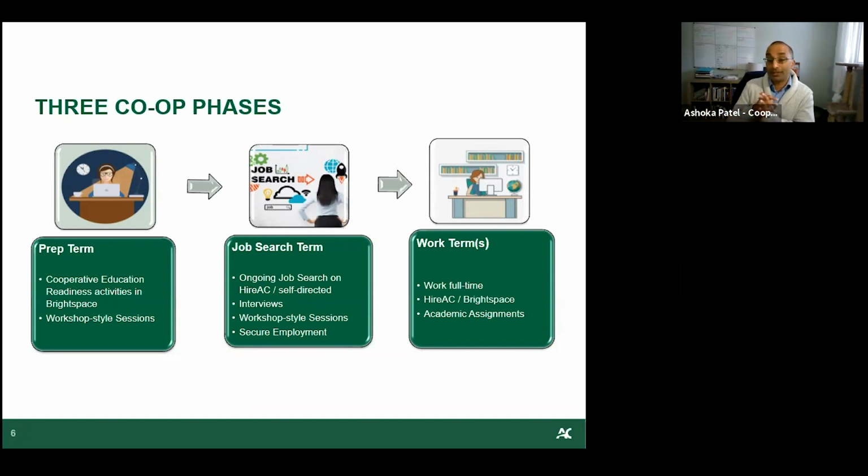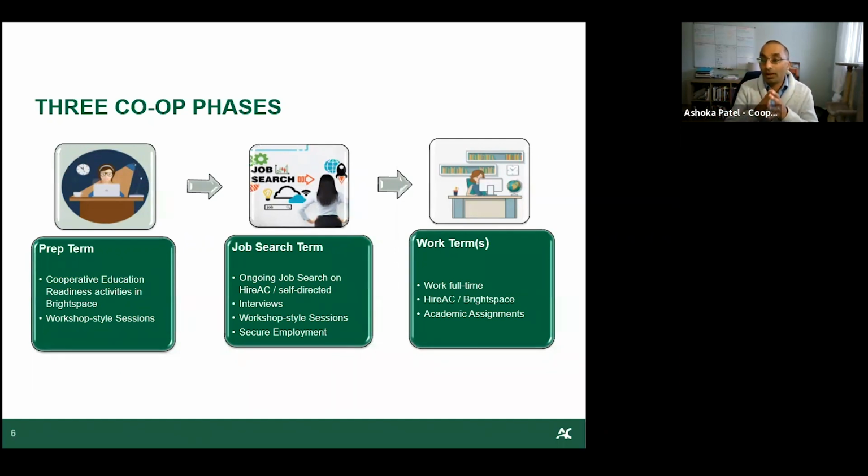Now your job search semester happens the semester right before you start your work term. Okay, so right before you start your work term for 4 months, you will be starting your job search, and this is where we will post jobs on a system called Hire AC. You can access Hire AC through your Access. That's the same place where the employment support team will also post jobs for non-co-op students as well.